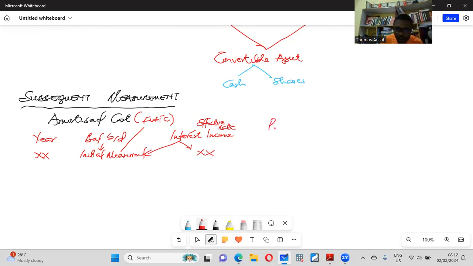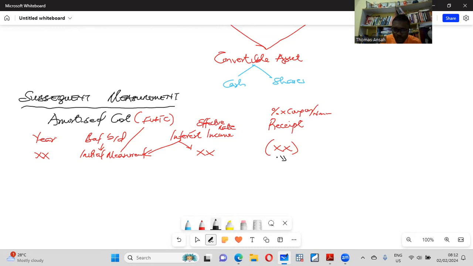Then your regular receipts. If you have received money, you deduct. The regular receipt is always the percentage on the coupon. So the coupon percent on the nominal. All right. So if it is paid, you deduct. If it is not paid, you still deduct, but you call it what?